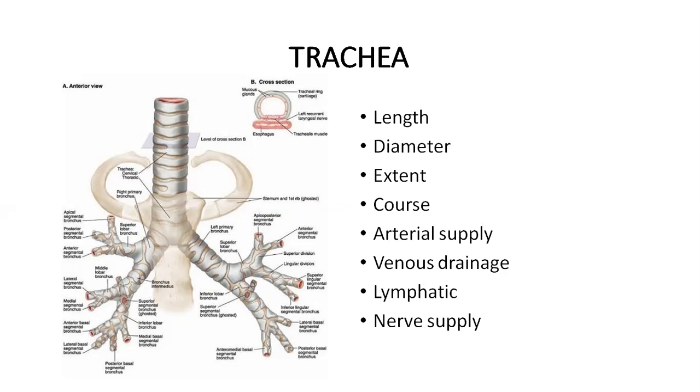Lymphatics are pretracheal and paratracheal nodes. For the nerve supply, the parasympathetic fibers are from the vagi, that is the vagus nerve, and the recurrent laryngeal nerve, and the sympathetic fibers are from the middle cervical ganglion. Okay, so this is about the trachea.